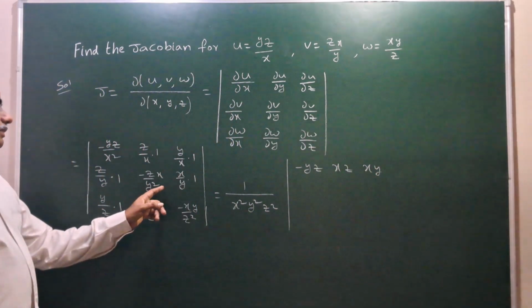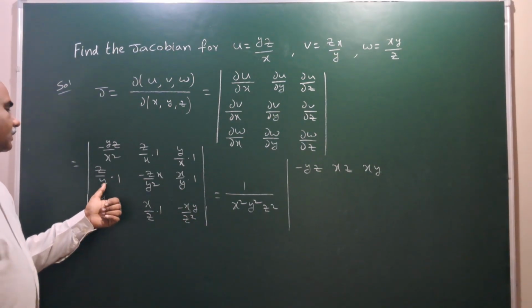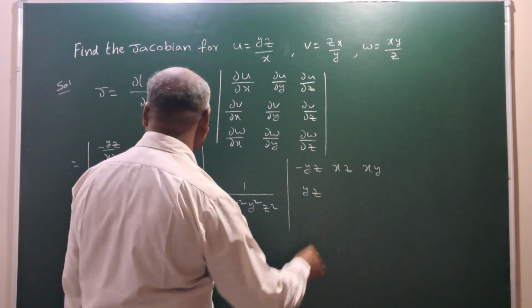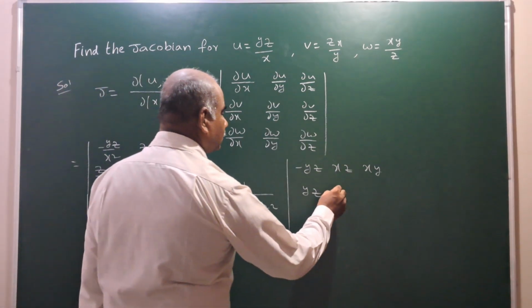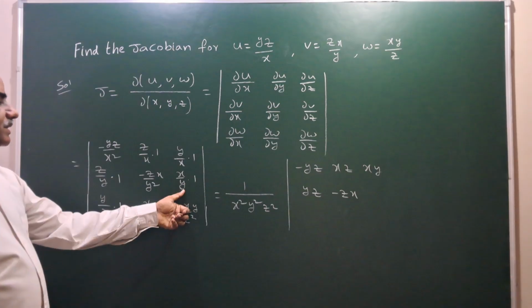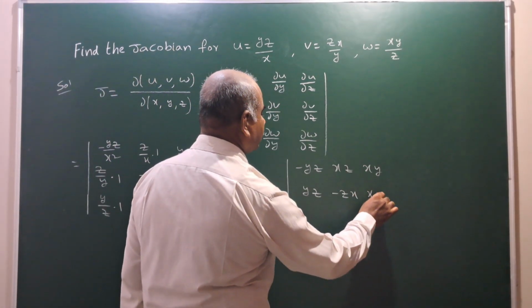In the second row, we take y square as common. But here it is y only, so this can be written as yz. Here both y square coincide, so it is equal to minus zx. Here only one y is there, so this can be expressed as xy.